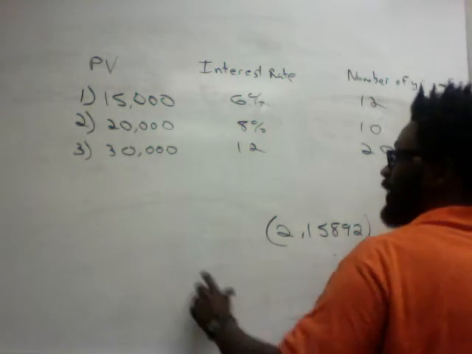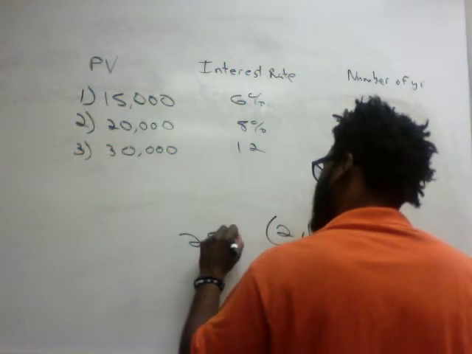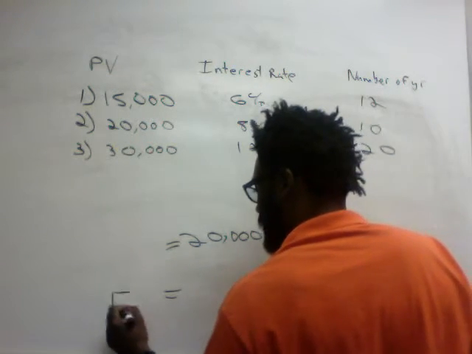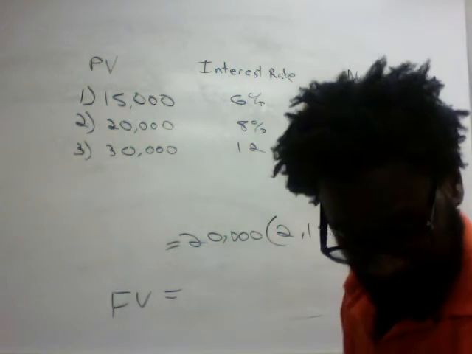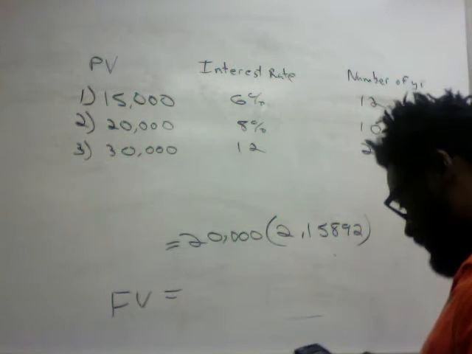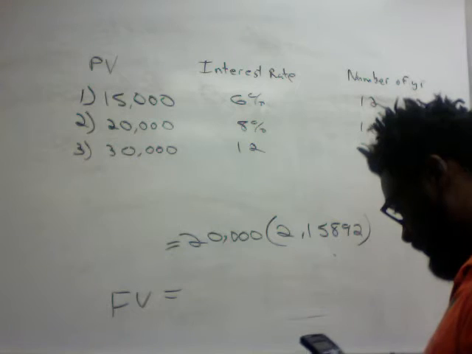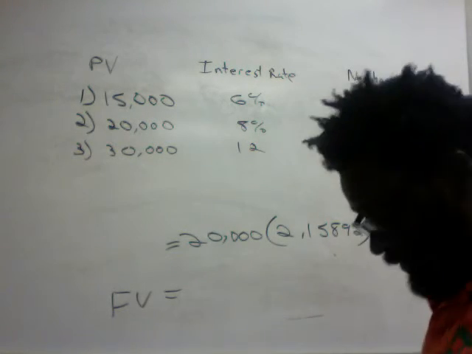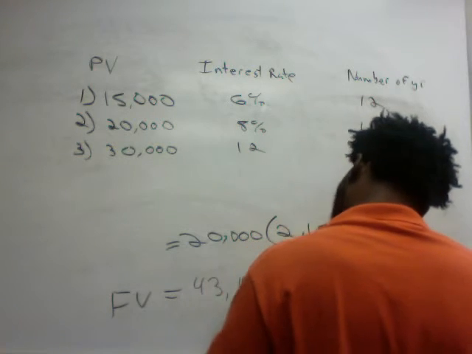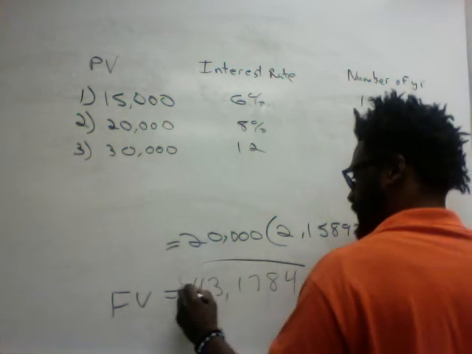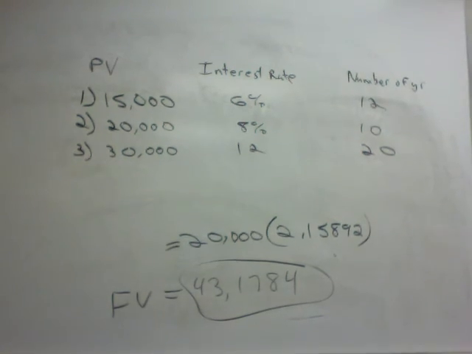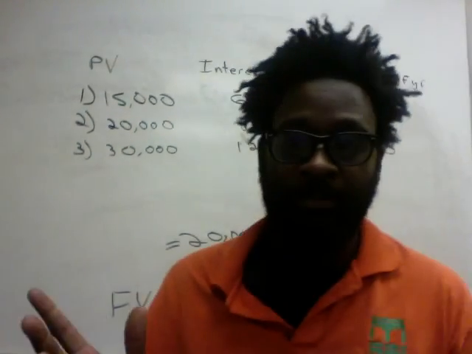Take that number, again, multiply it times the 20,000, and that will give you your future value. 2.15892 times 20,000, again, future value, 43,178.40. Okay? Pretty straightforward.